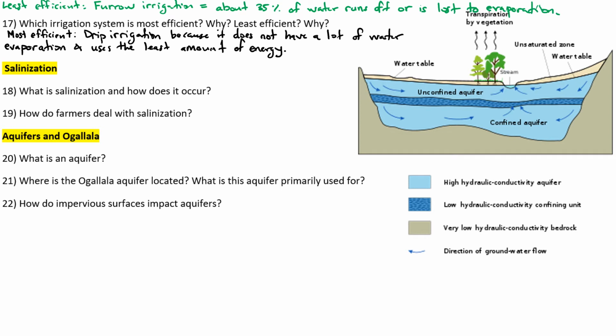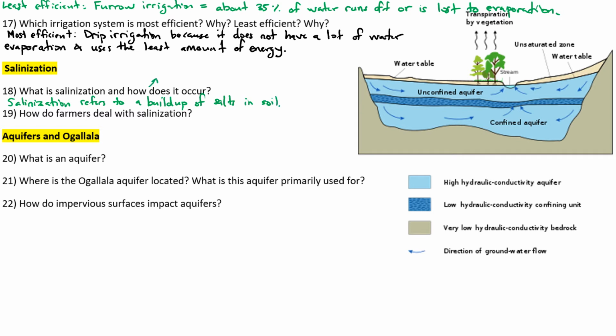Number 18, what is salinization and how does it occur? So, salinization refers to a buildup of salts in soil. So how does it occur?